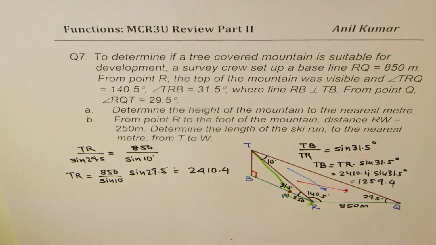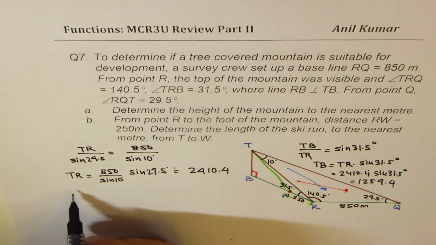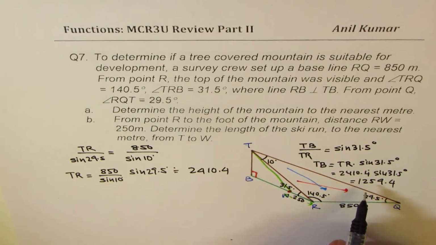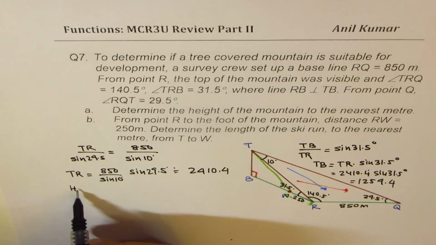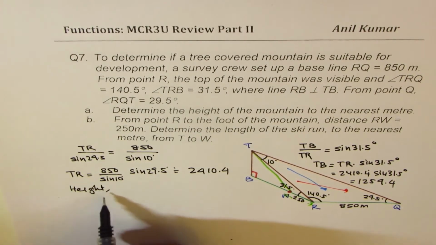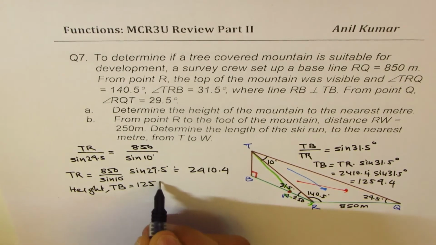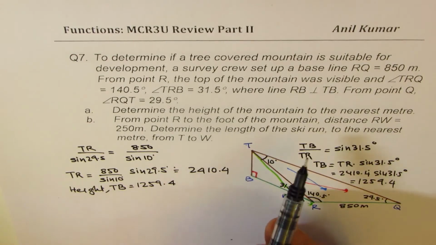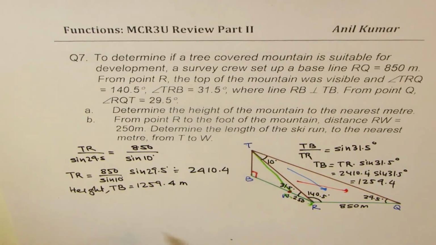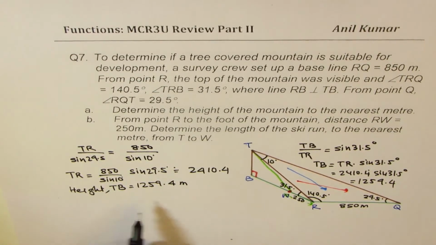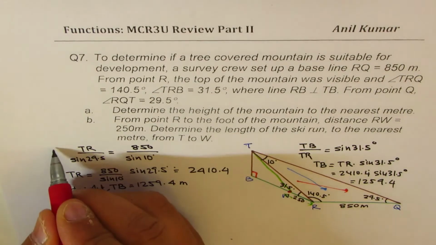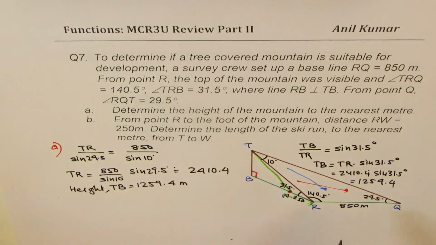So we get the height of the mountain. The height, which is TB, is equal to 1259.4, and the units are in meters, right? So 1.259 kilometers. So we have done part A. Is that clear? Once your figure is clear, this calculation should not take long.